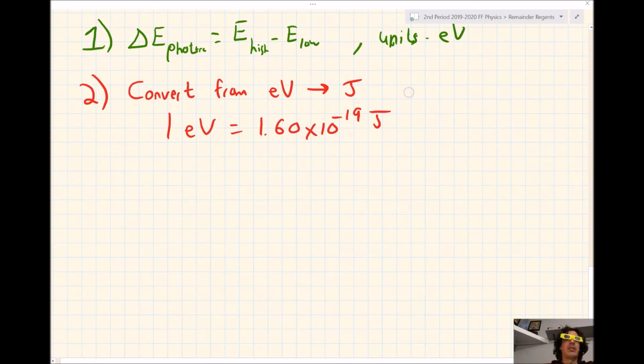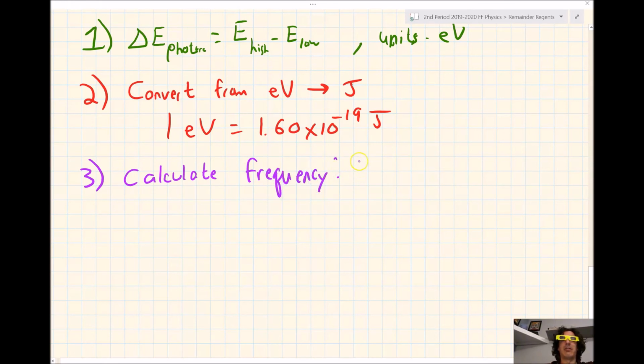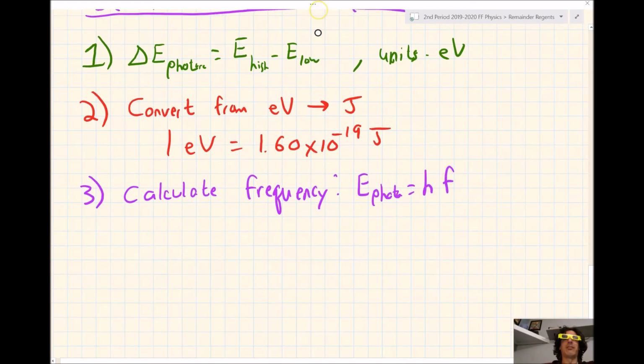Once we know the energy in joules, we can now calculate the frequency of that photon. To calculate the frequency, we'll just use E photon is equal to hf. h is Planck's constant, f is the frequency.